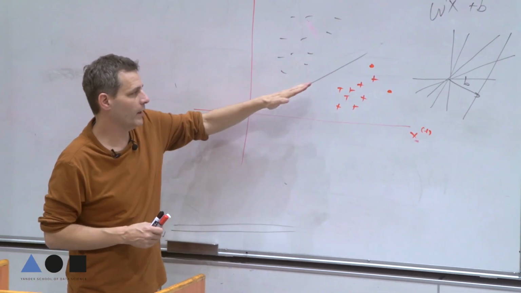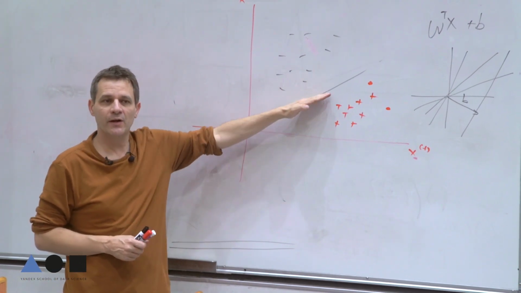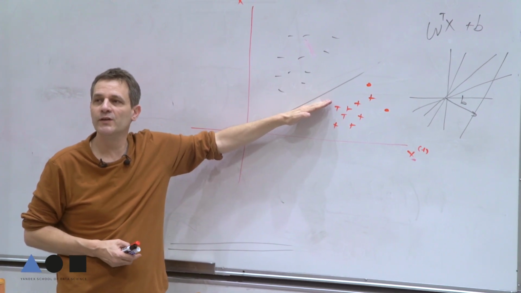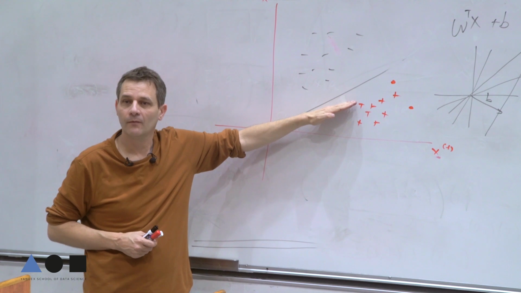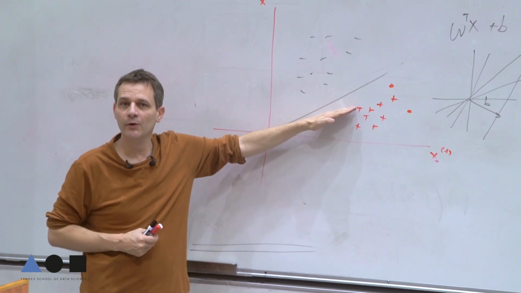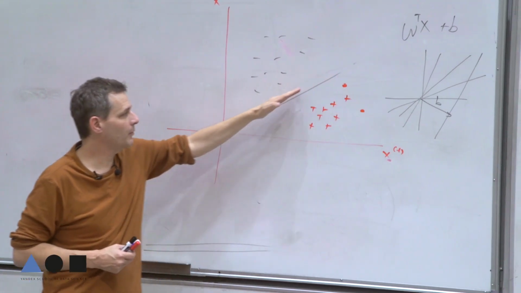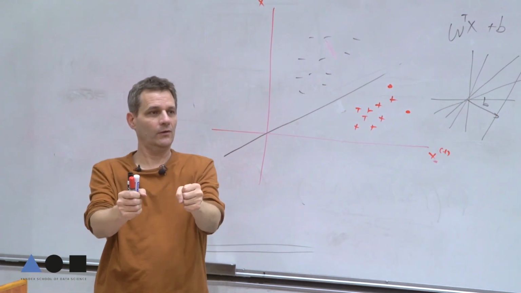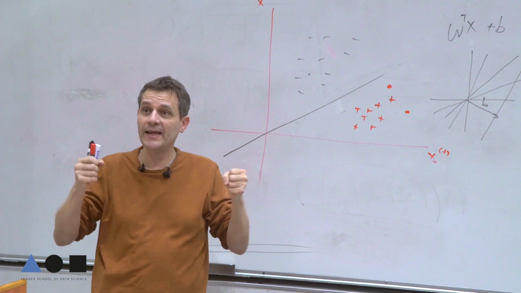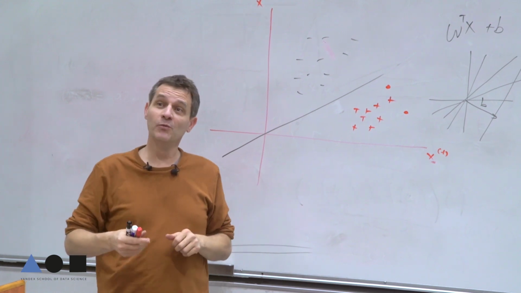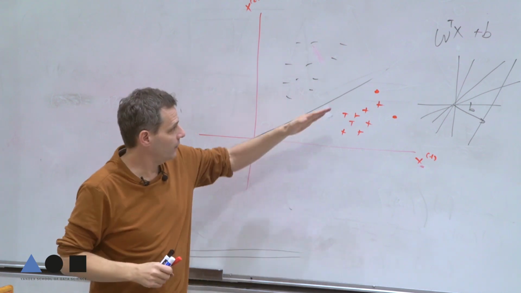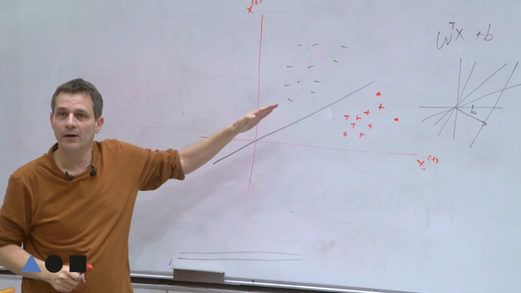Look at this. We have a W, and we have this separating hyperplane. What happens if you multiply the entries of W by 2? It's going to be a different W, but it's going to be the same hyperplane. It's like you zoom in or you zoom out, right? You change the scale of the problem. Everything looks larger, but it's the same separating hyperplane.